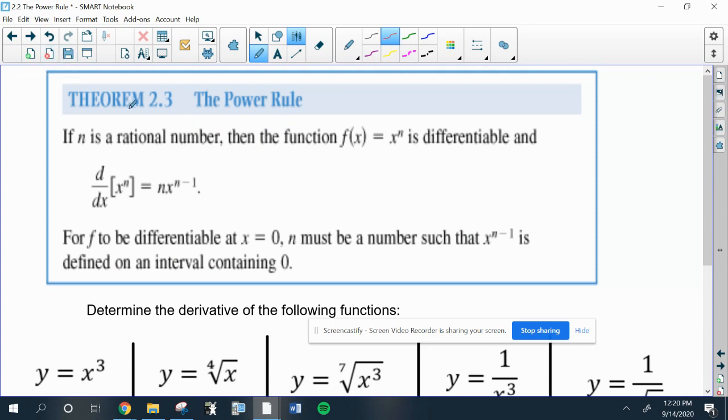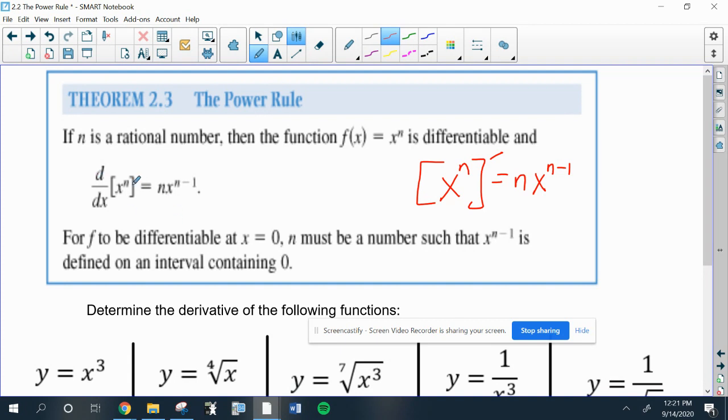Now the big one is the power rule. This takes those and expands on them. The power rule says the derivative of x to any power n, and this rule says n is a rational number, but we'll find out that it could be irrational as well, is n times x to the n minus 1.